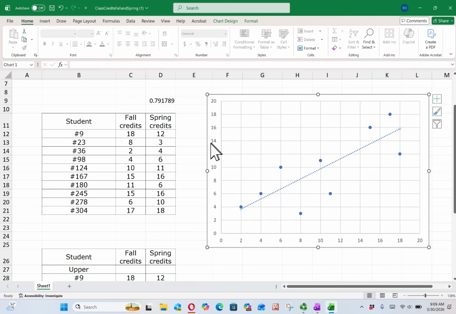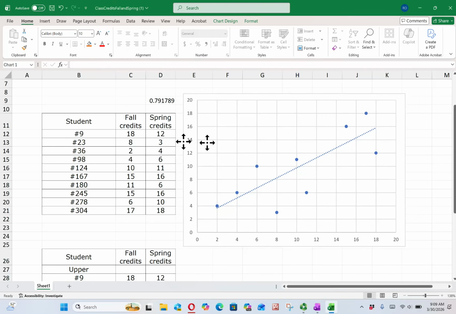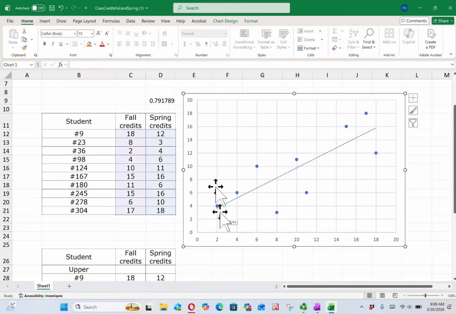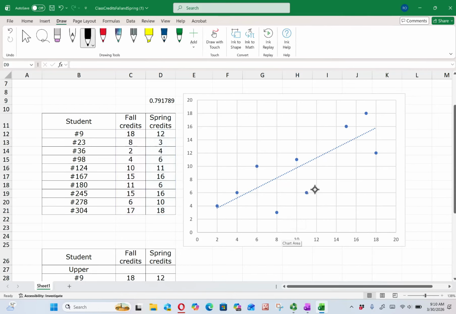But look at the line and the points. There's two groups in there. The lower group and an upper group. The lower group are these three. And the upper group are the others. This actually represents two kinds of students.